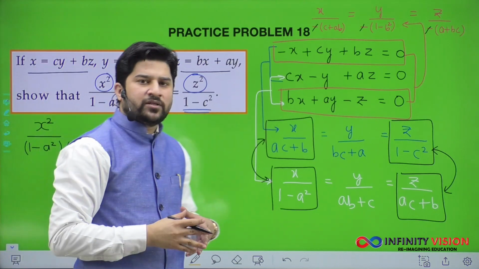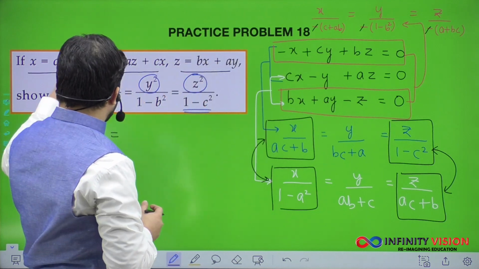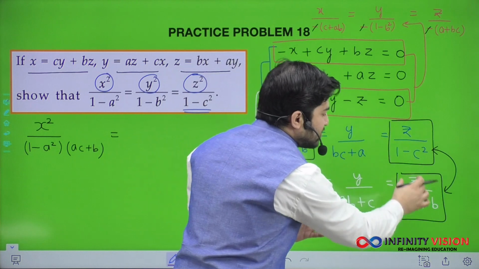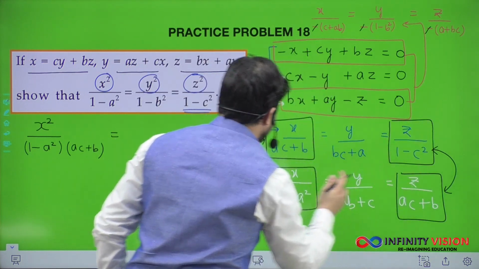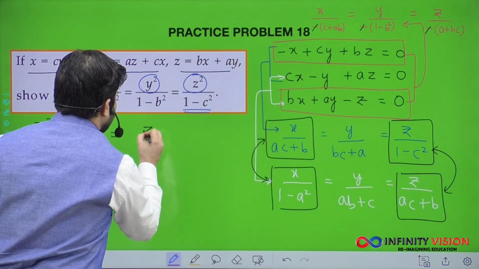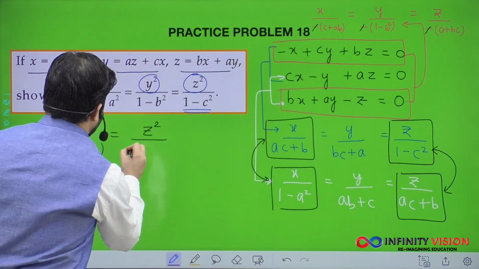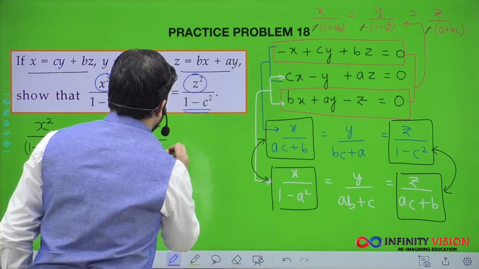What is making me think in this direction? That's the intuition, because we need to have x square upon 1 minus a square. In the same fashion, we need z square upon 1 minus c square. So this is also complementing us. So z into z would become z square upon 1 minus c square into ac plus b.